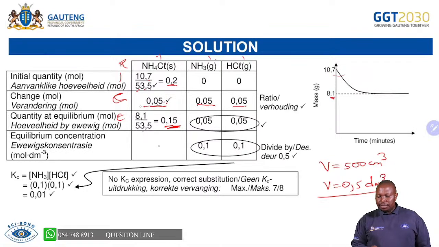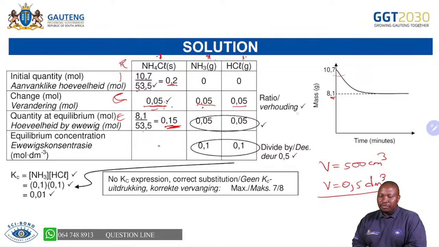So it will be the same. Don't forget, when you are changing, the change there is in accordance to the balanced equation there, the mole ratio there. So it's important that if the mole ratio is the same, it means that we'll have the same there. But if it was 2 there, it would mean that it will be 0.05 times 2. If there was 3 there, it will be 0.05 times 3.